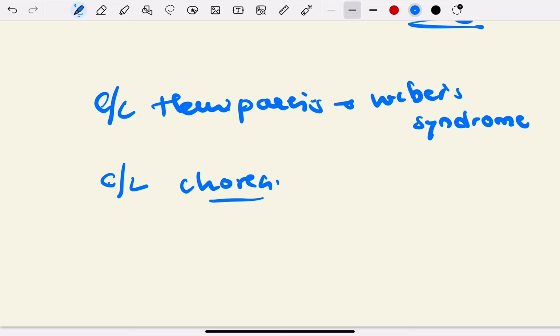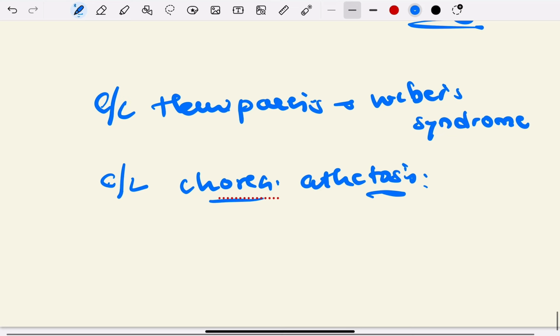Then athetosis: these are abnormal writhing movements and they are slow compared to chorea. Chorea are fast or rapid, athetosis are slow, writhing, twisting and bending movements, involving mostly distal muscles of the hands, and can also involve the arm.